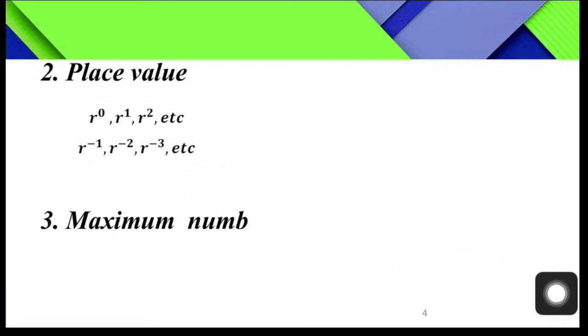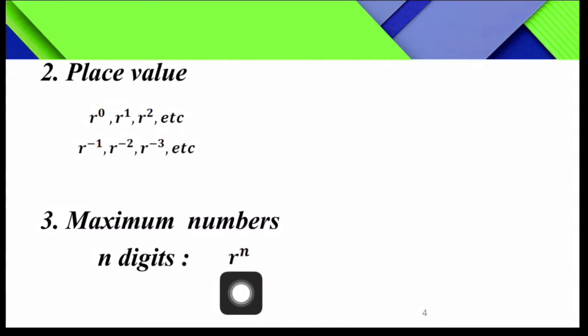Finally, the maximum number that can be written with n digits in a number system is given by r^n, and this is the third characteristic, where r is the radix. That's all I want to say about number system.